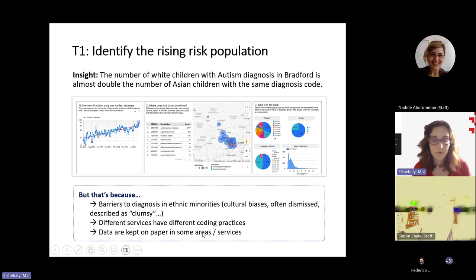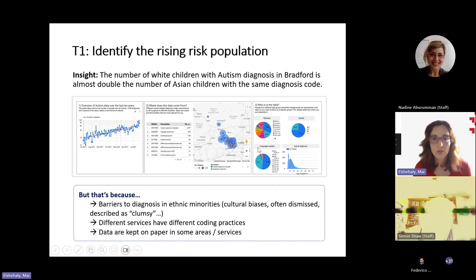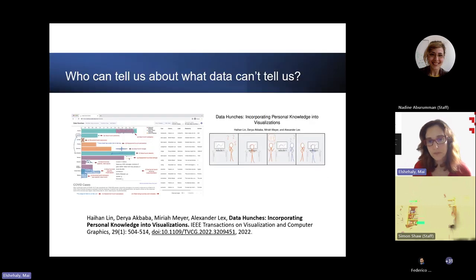Different services also have different ways of coding or entering their data on their system. Some of them are still keeping data on paper, especially in under-resourced areas. So all these bits of information need to be included in order to contextualize that insight that you can get from the data, in order for decision makers to trust it enough so that they can make decisions based on it.